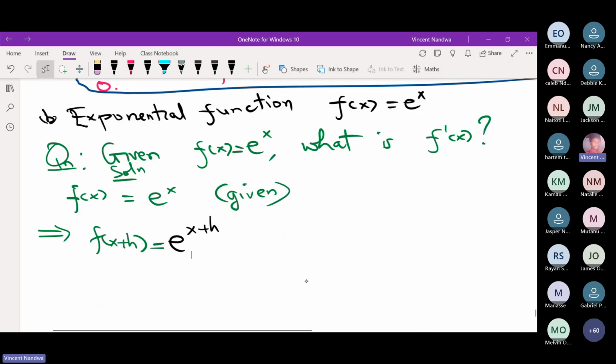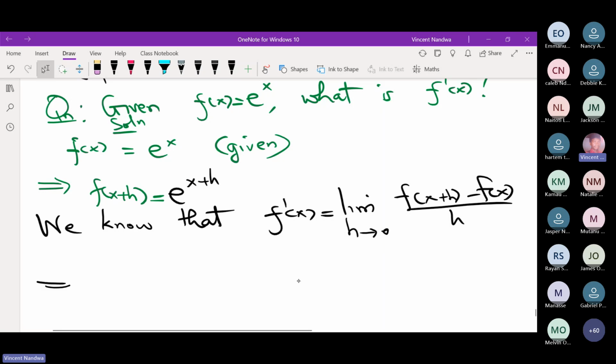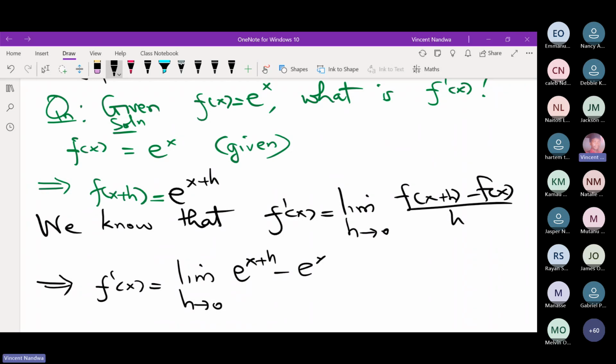So therefore, by definition, we know that f prime of x is the limit as h approaches 0 of f of x plus h minus f of x divided by h. So in our case, f prime of x will be the limit as h approaches 0 of e power x plus h minus e power x divided by h, just by replacing f of x plus h and f of x.